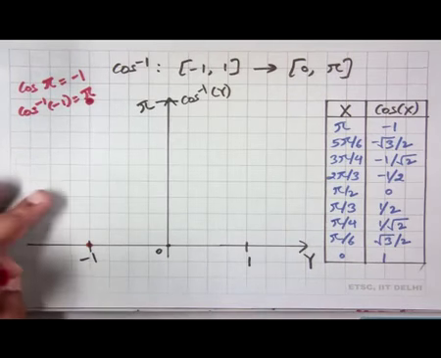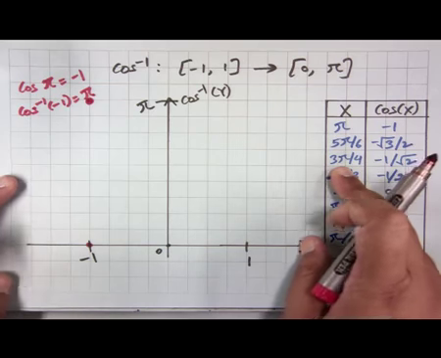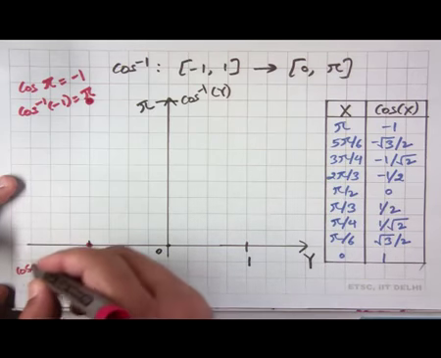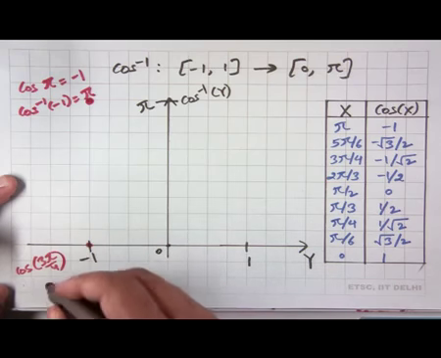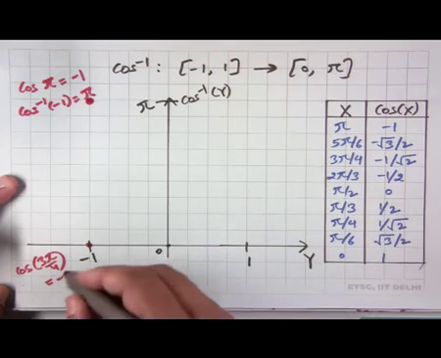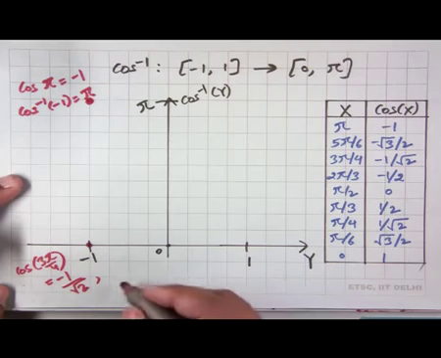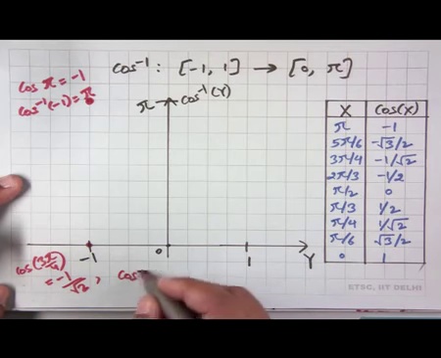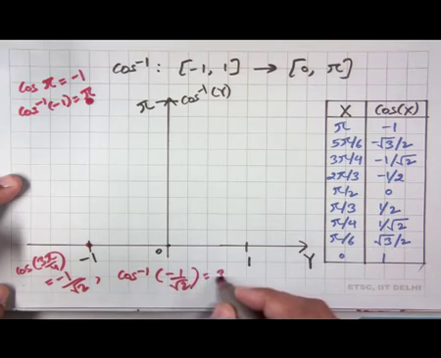Okay. And then let us take here, cos of 3 pi over 4, which is equal to minus 1 upon square root of 2, and from here what we get is that cos inverse of minus 1 over square root of 2 will be equal to 3 pi over 4.